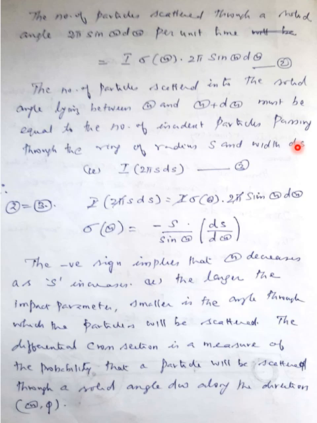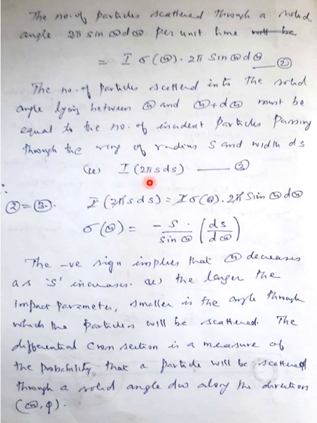This is the main physical part. The larger the impact parameter, the smaller will be the angle through which the particles will be scattered. So, if the impact parameter value is higher, the angle through which the particle will be scattered will be small.